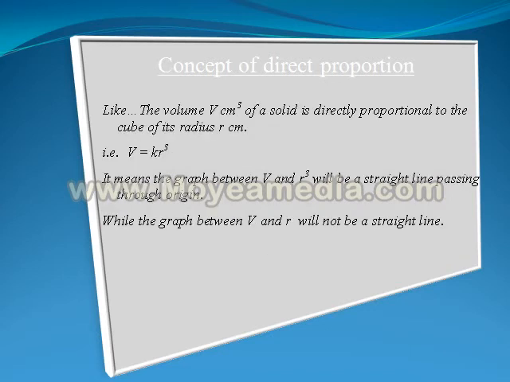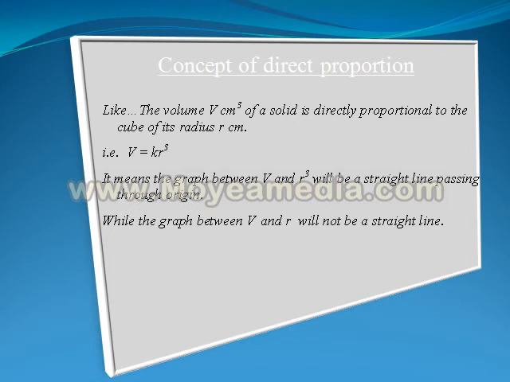Take another example. This is one of the word examples in your book, in which the volume V, and you remember volume is measured in cubic centimeters, you've already studied in previous classes. So volume V is directly proportional to the cube of its radius. When you have a sphere and its radius is r, this relationship is represented as V equals kr cube.